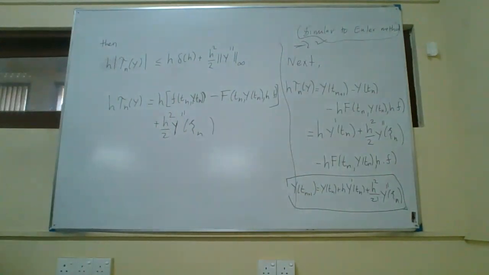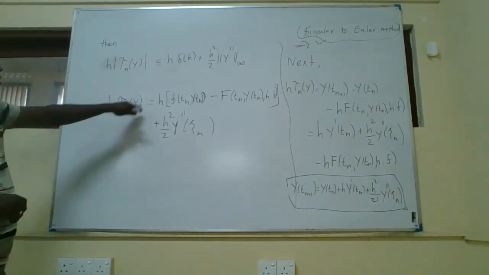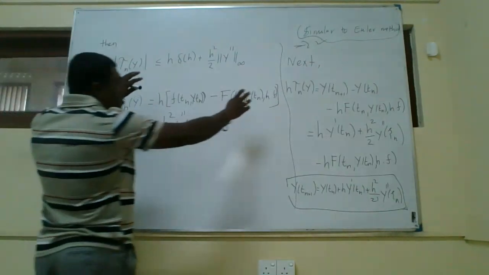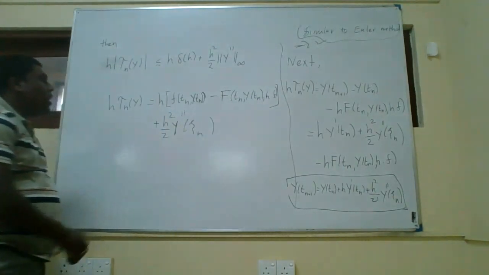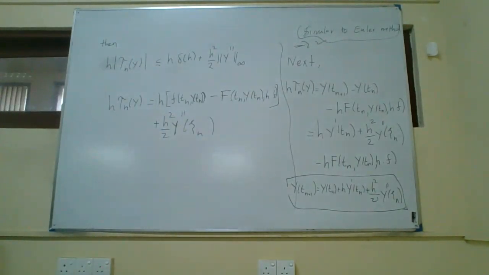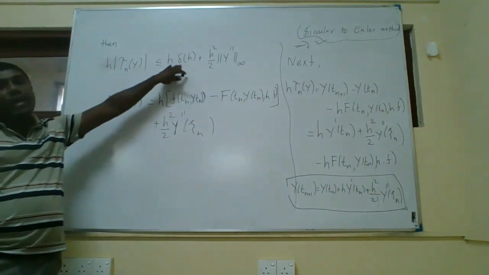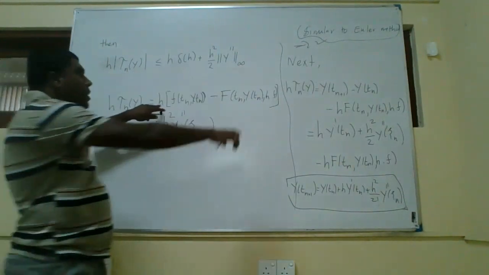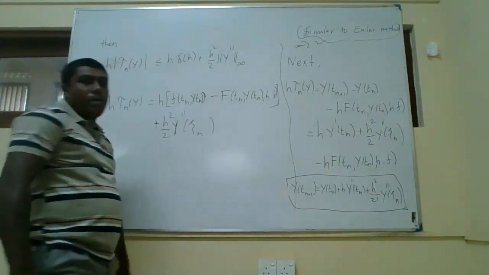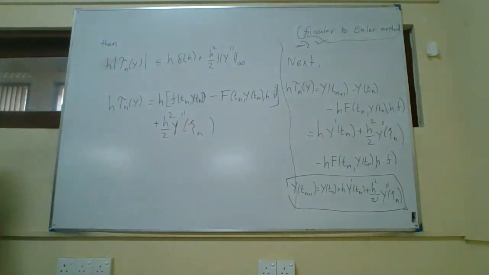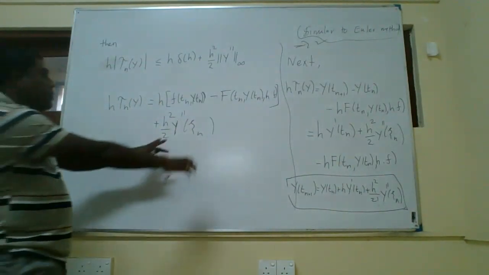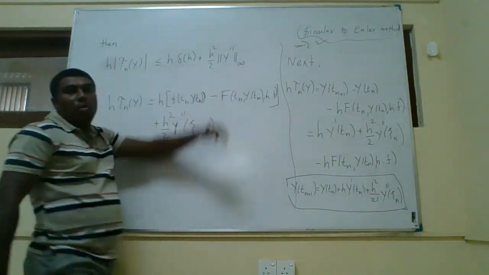So you take the absolute value and then take the maximum or infinity norm, right? So the absolute value of this is less or equal to the absolute value of this, whose maximum is what we define as delta. The absolute value of this difference, its maximum is delta, and the maximum of this is basically the infinity norm, right?